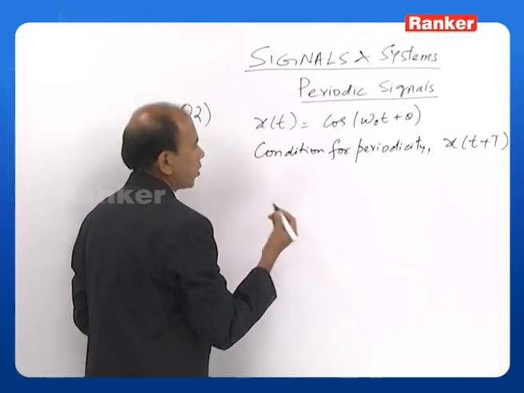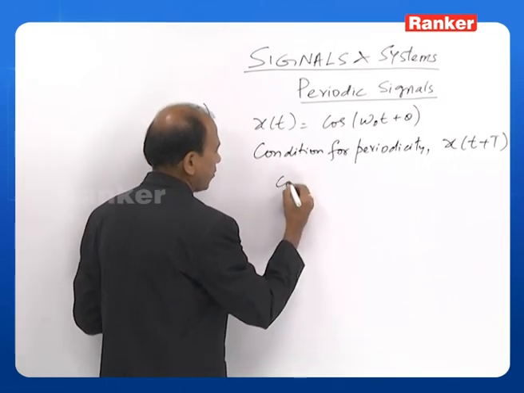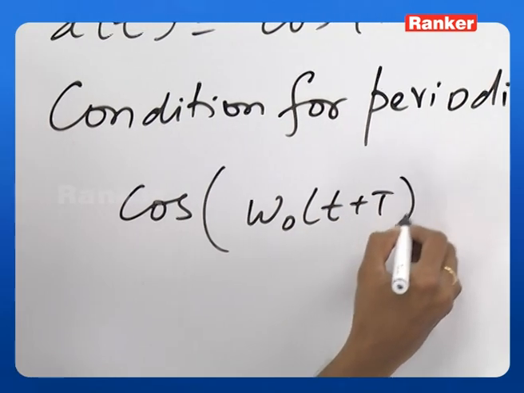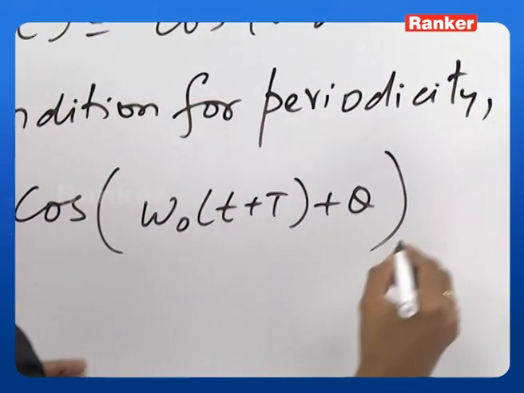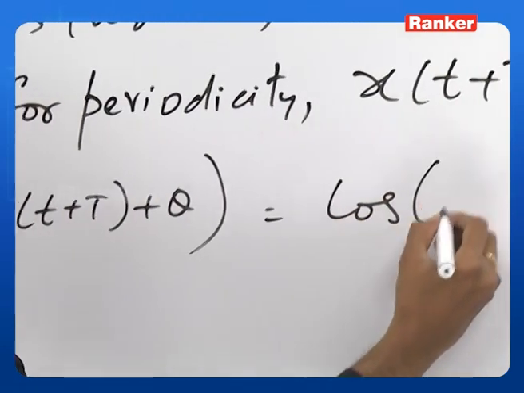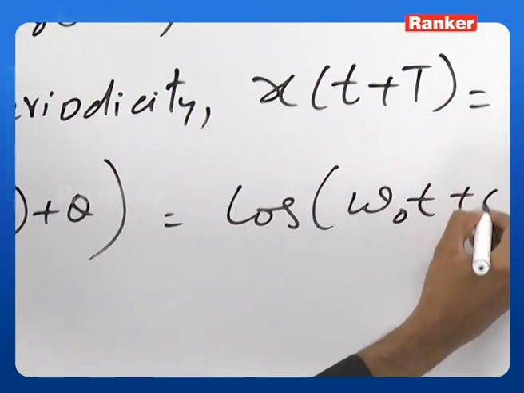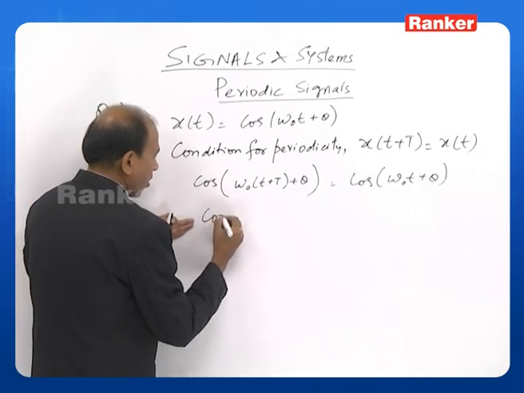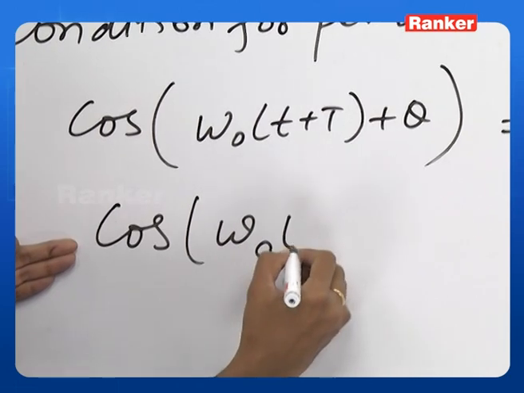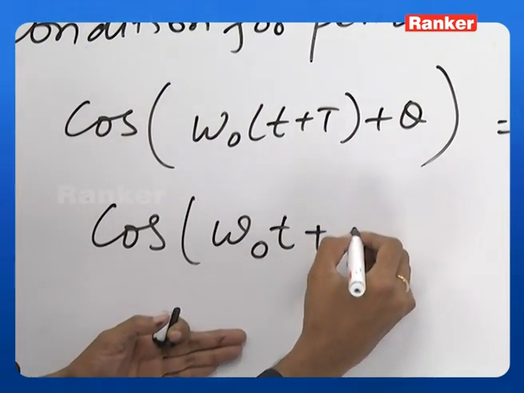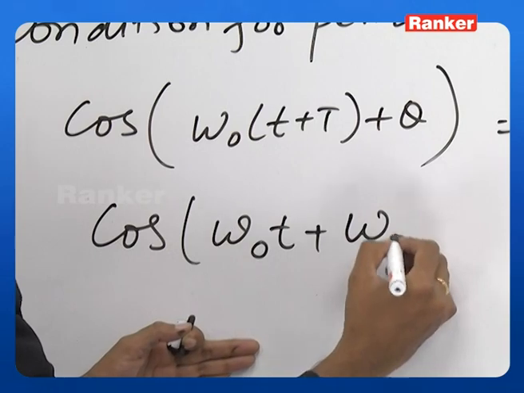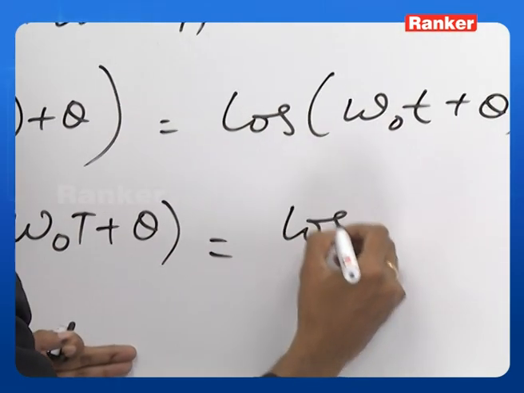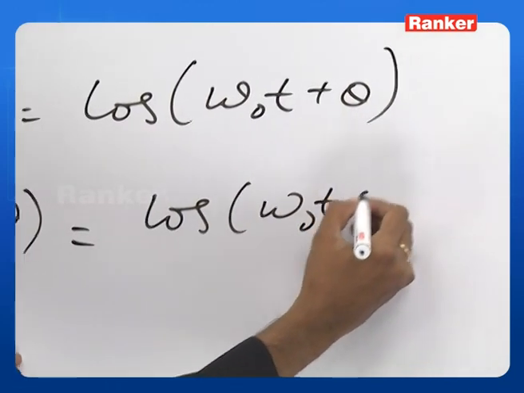So, for us, x of t plus T is cos of omega naught into t plus T plus theta, and the whole thing must be equal to cos of omega naught t plus theta. Expanding this, what do I get? Cos of omega naught t plus omega naught T, capital T, plus theta is equal to cos of omega naught t plus theta.